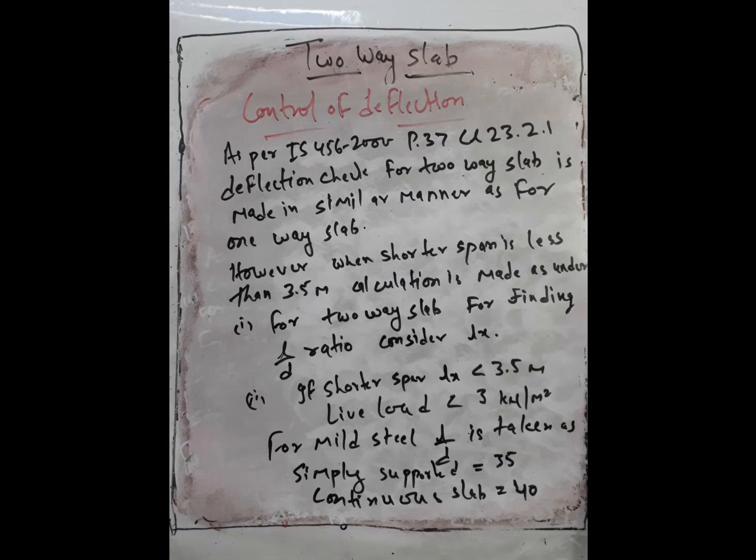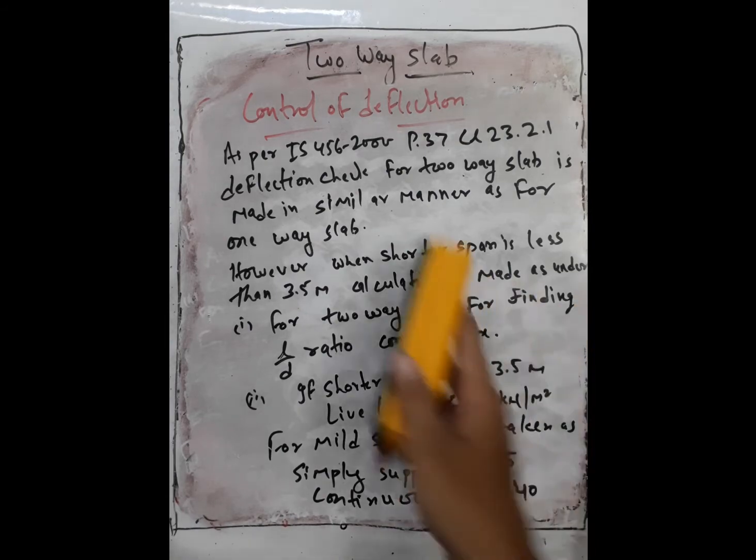As the code says, as per IS 456 clause 23.2.1, the deflection check for two-way slab is made in a similar manner as for one-way slab. However, when the span is less than 3.5 meter, we use these values; otherwise we check deflection the same as for one-way slab. This is the case of mild steel.